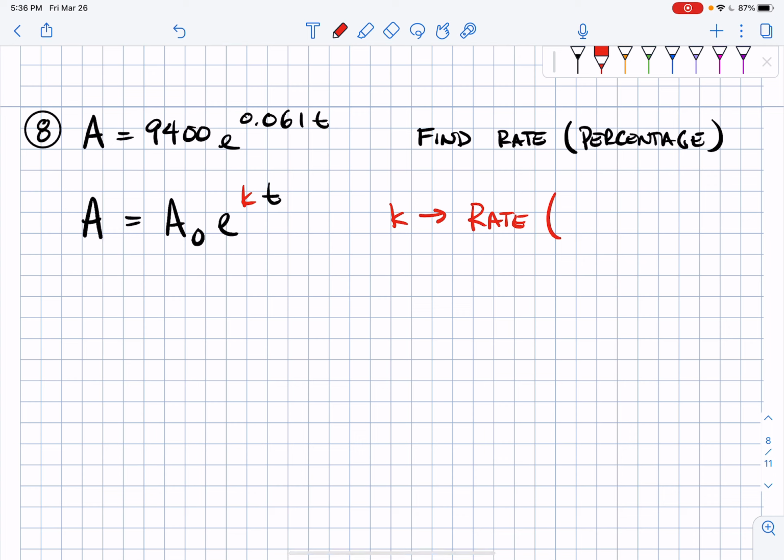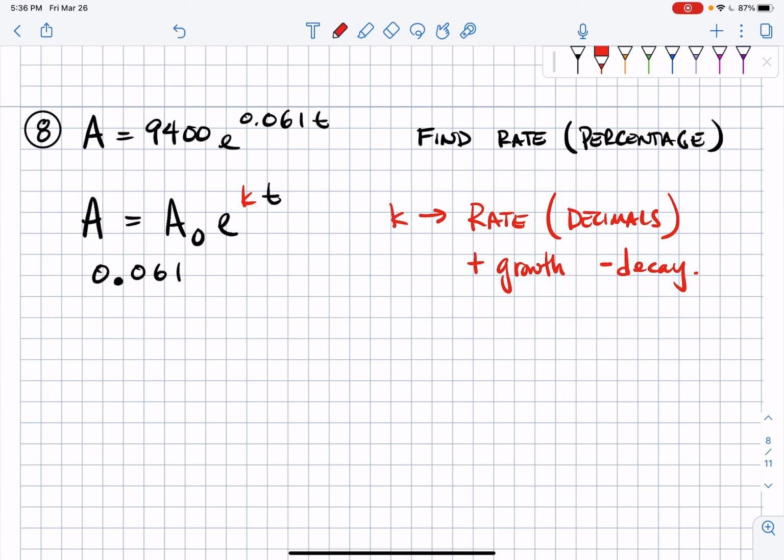Remember, there's the rate, and it's going to be in decimals. If it was positive, it'd be growth, and if it was negative, it would be decay. So since the rate is already there, which is 0.061, and I want to make it a percent, I would move this decimal place twice to the right.